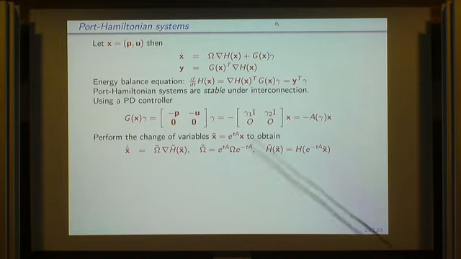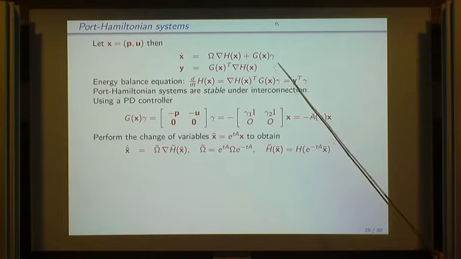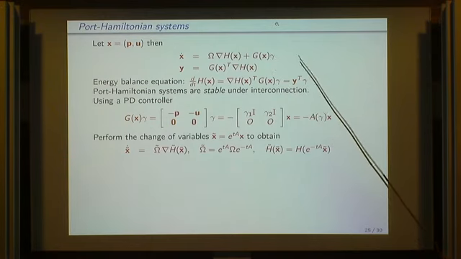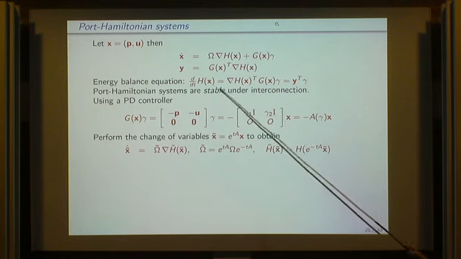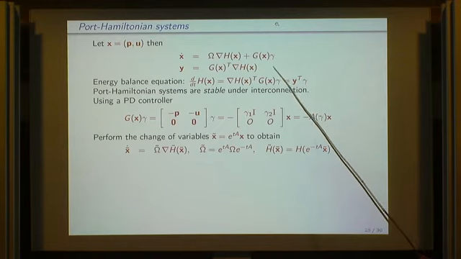So why are these systems interesting? Because systems like that are energy preserving when you cancel this part, when gamma is equal to 0. And they can be made energy dissipative with the wise choice of the input of the gamma part.